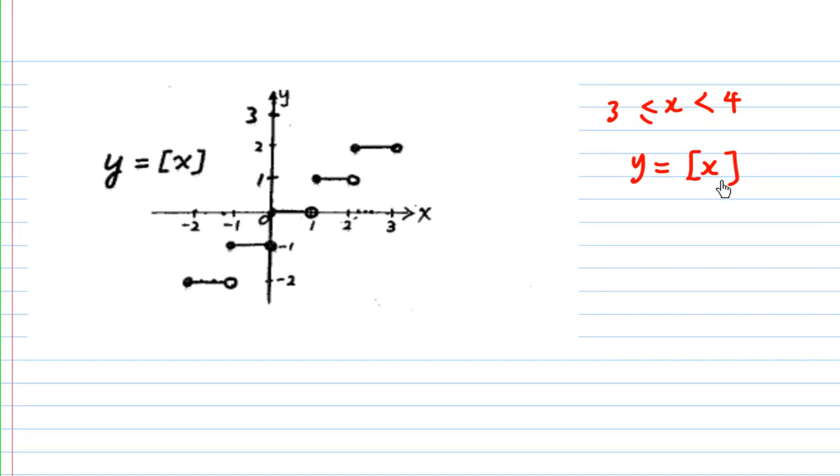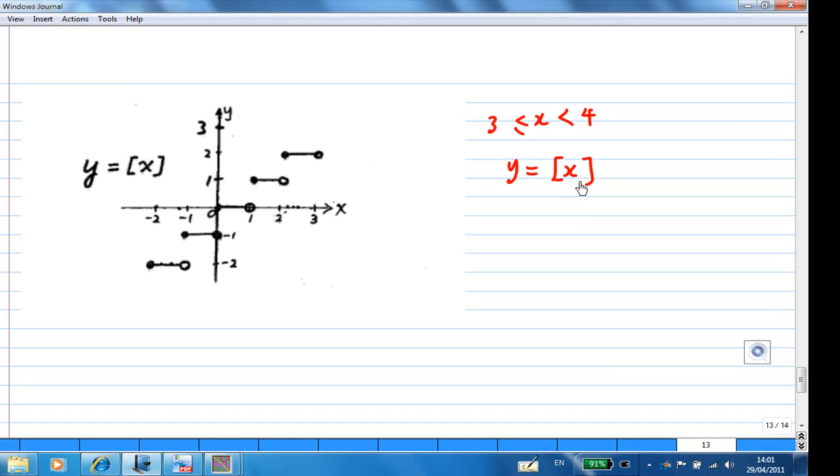If x is a number anywhere between 3 and 4, the most is 3. For example, the greatest integer less than or equal to 3.3 is 3. The greatest integer less than or equal to 3.9 is still 3.